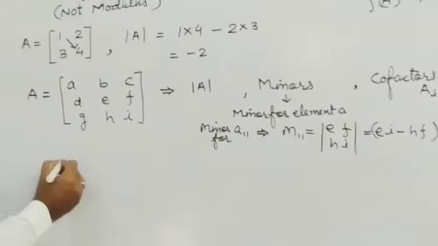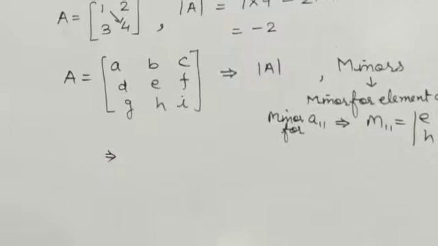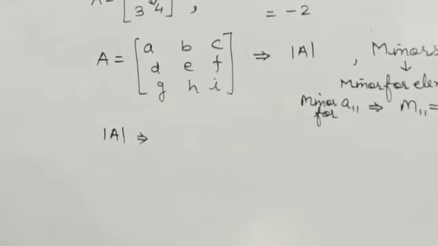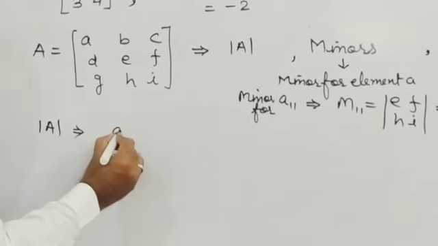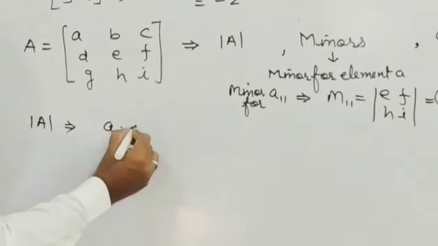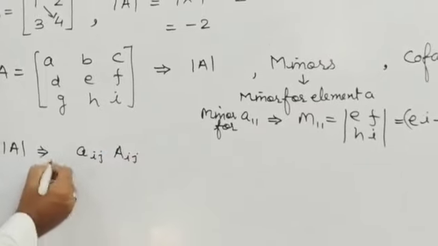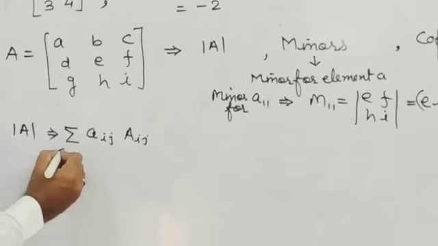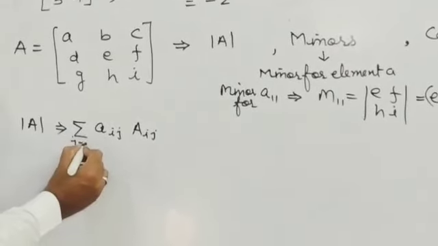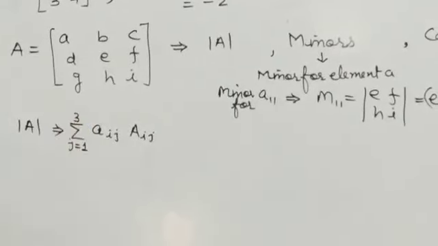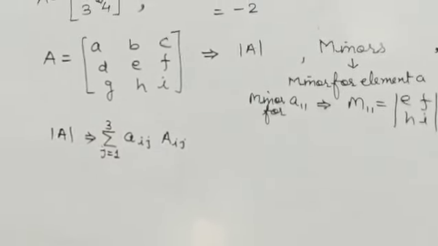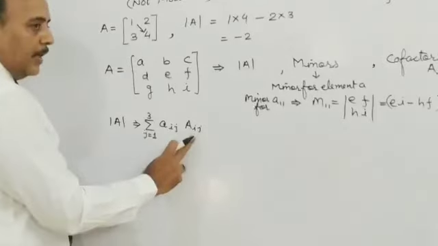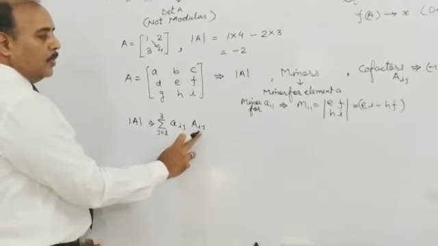So the expansion of this determinant is written as the summation of aij times Aij, where j goes from 1 to 3. i is any constant you can take, either 1 or 2 or 3.